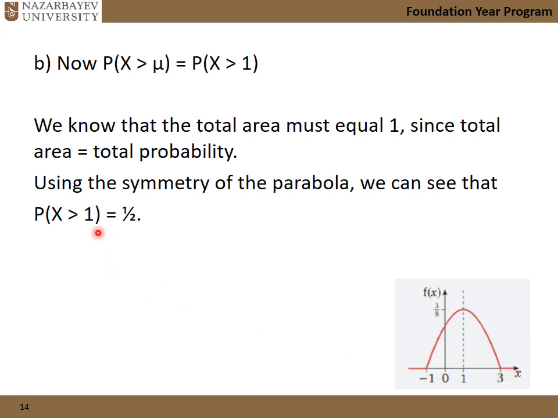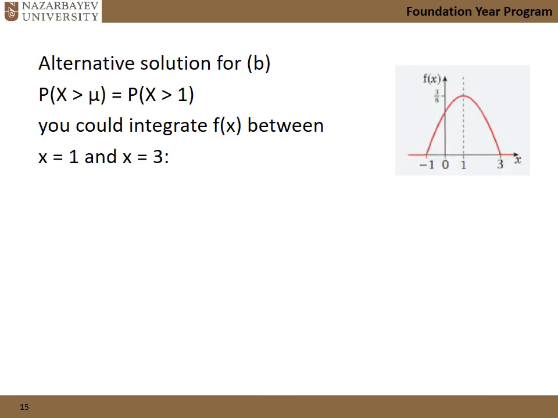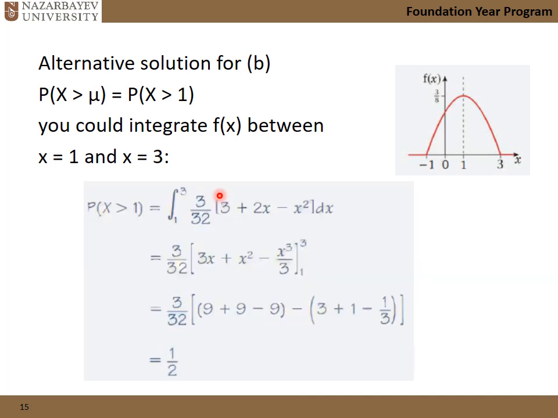As simple as that. You could verify, and here we are going to solve it using the integral. So we integrate from 1 to 3, because that's mu itself, to 3, and then we put the PDF itself as it is. Pay attention, you don't need to multiply by x.